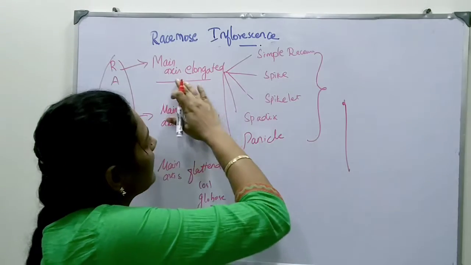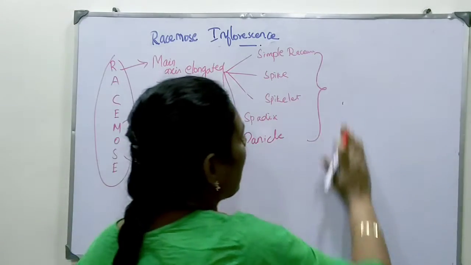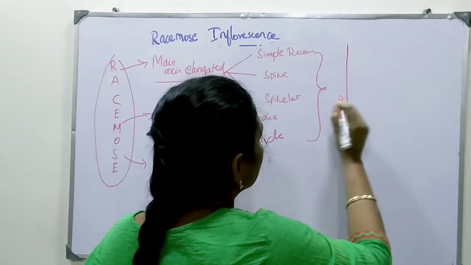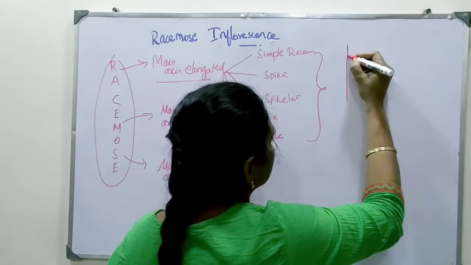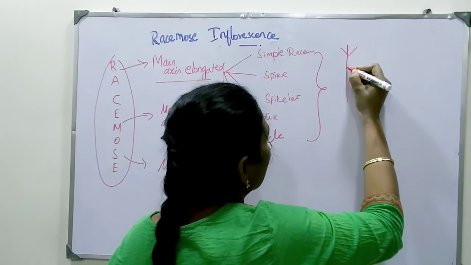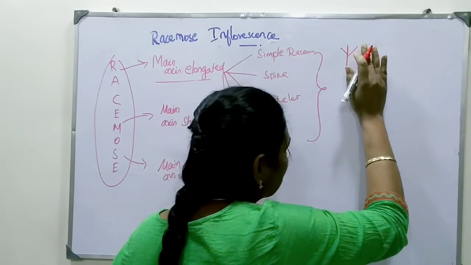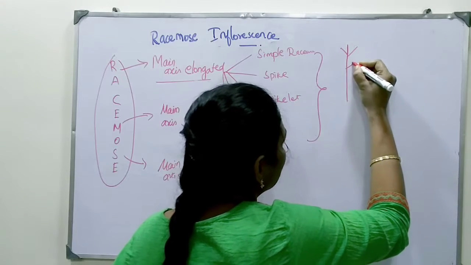Okay, the main axis elongated simple raceme, I will draw the diagram. This simple raceme type, how the plant will be. Generally it is unbranched. What is this? It is unbranched.